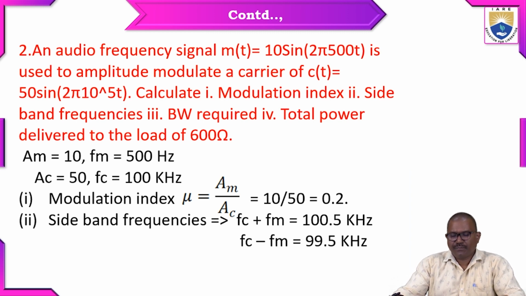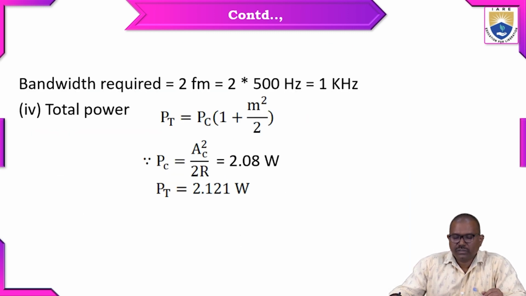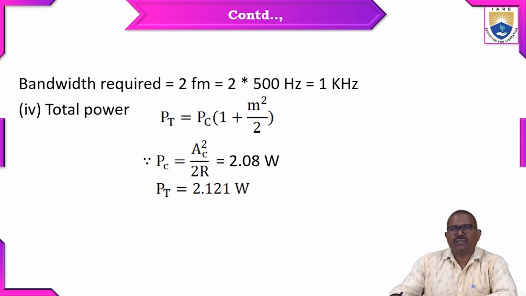This is the same as the previous one: we go on to find the sideband frequencies from fc and fm, and again the total power with the same formula. So this is another problem with different values.